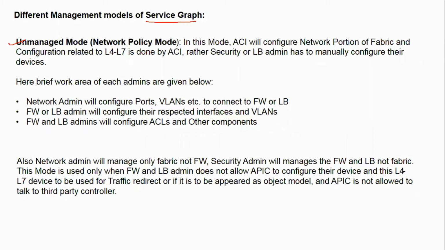So all the configuration to be done on a specific device will be done on that device. But to connect those devices to the ACI, the network portion will be done by ACI only.